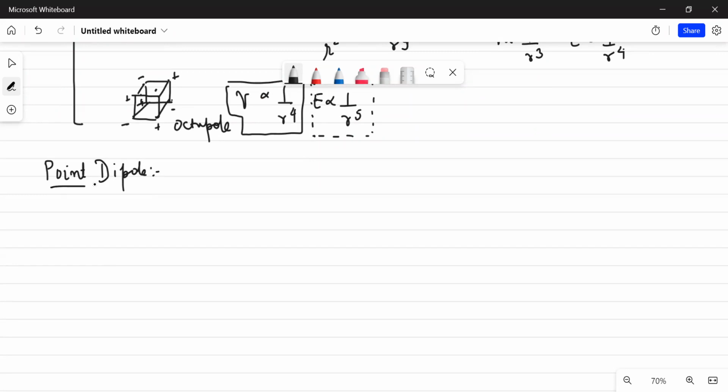So what is a point dipole? A point dipole is an idealization where we take the distance between the two charges as small as possible.